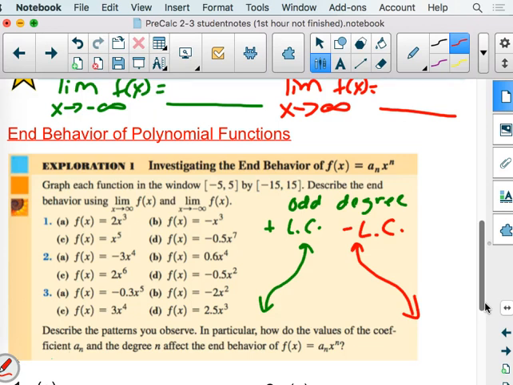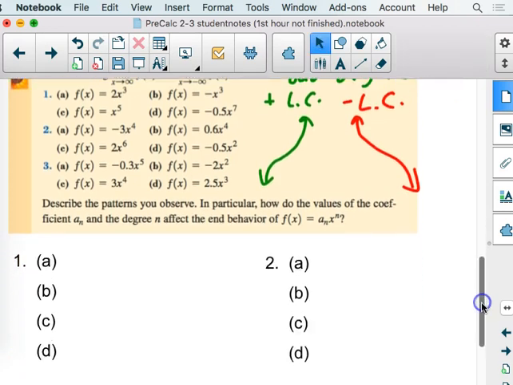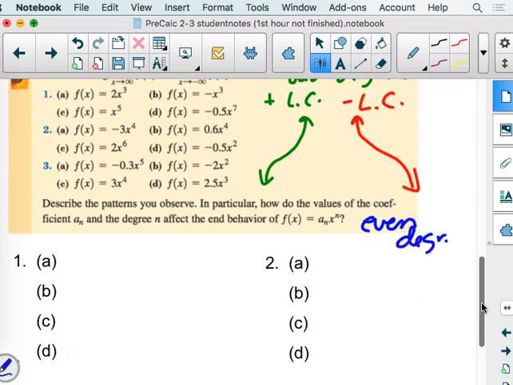Now that's not true with even degree polynomials. That's because even degree polynomials behave parabolically, which means their end behavior is that of a parabola. So if we have a positive leading coefficient, then we should be able to put infinity and infinity.